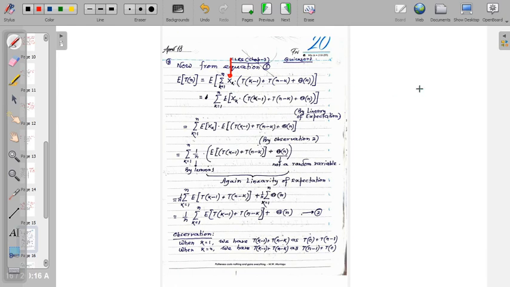So all possible combinations we can capture by multiplying this indicator random variable with this random variable. If I put k equals 1, then the first smallest element is chosen as the pivot, X1 will be 1, and then this will be the recurrence.